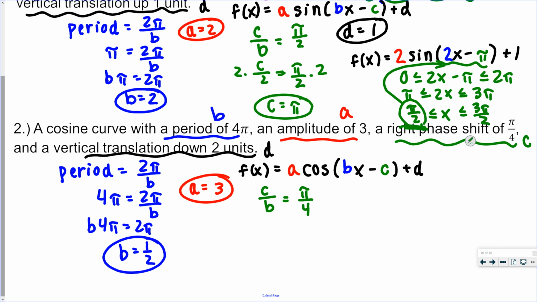C over B will give me pi over 4. If I know B is 1/2, times by 1/2 on both sides now. Careful, don't times by 2. You have to times by 1/2 to get rid of that. Yeah, pi over 8.